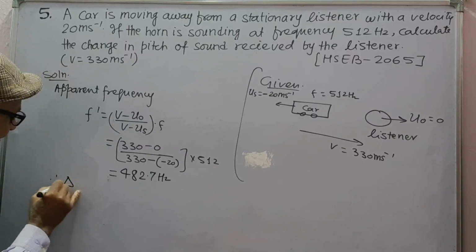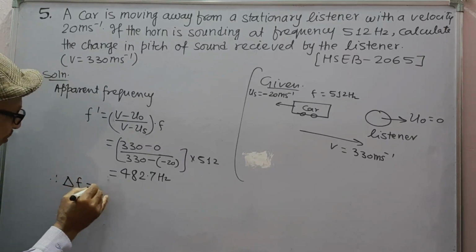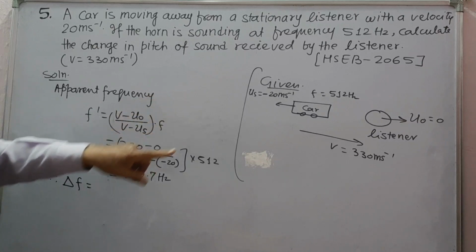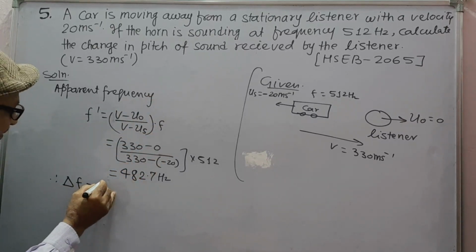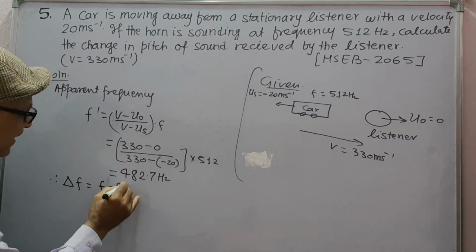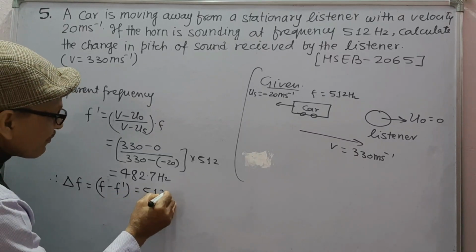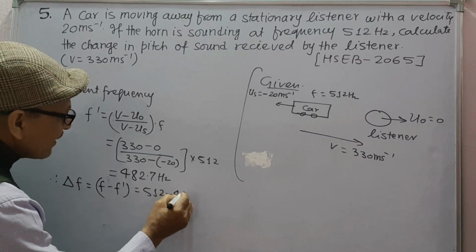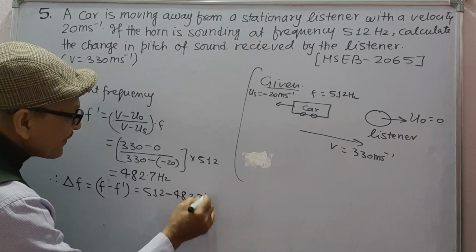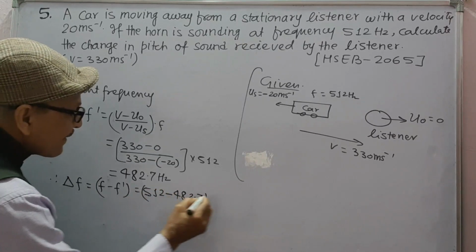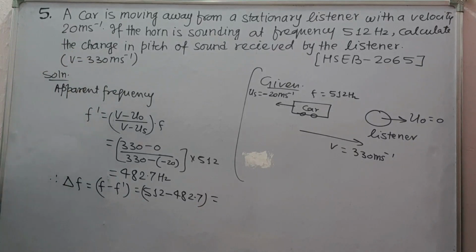Therefore, change in pitch will be equal to actual frequency minus apparent frequency, means F minus F dash, which is 512 minus 482.7, which is 29.3 hertz.